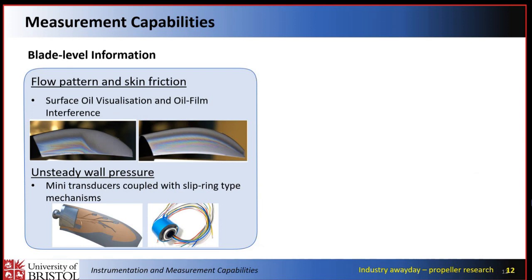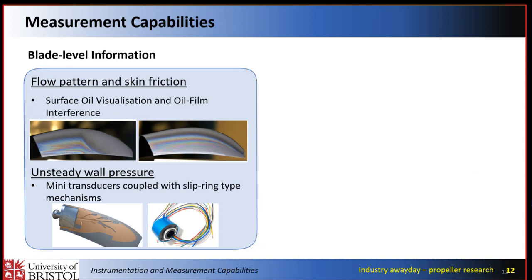And some are in the development phase where we have already secured grants. The first one is basically to determine the pressure and skin friction coefficient on the surface of the blade through oil film interferometry. And secondly, we are developing mini transducers, which will be embedded onto the blade.